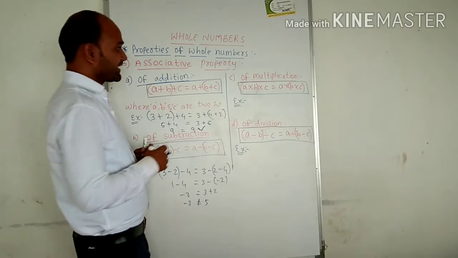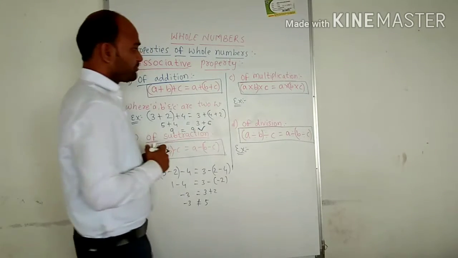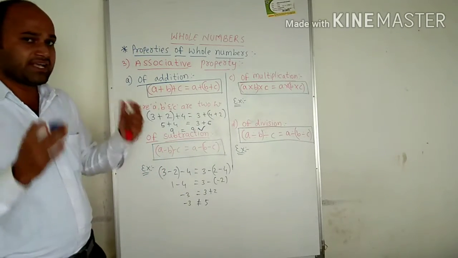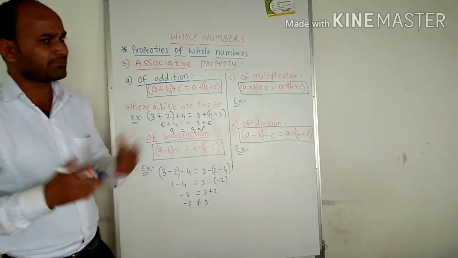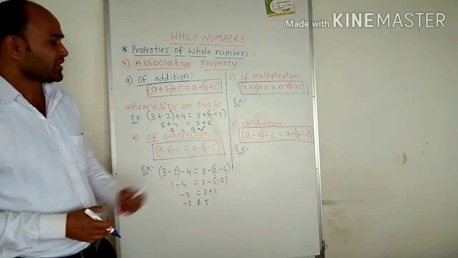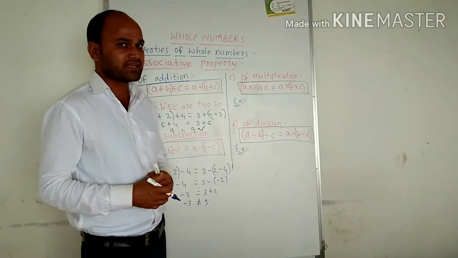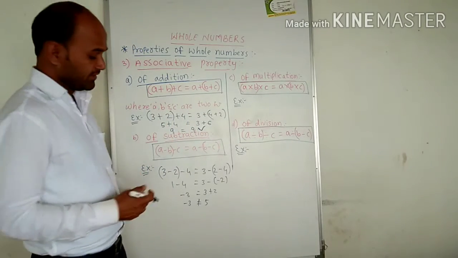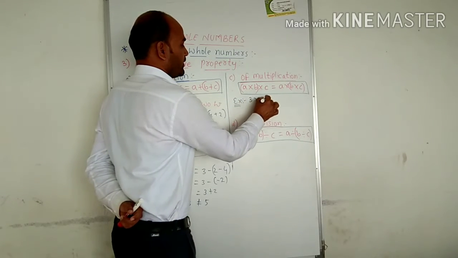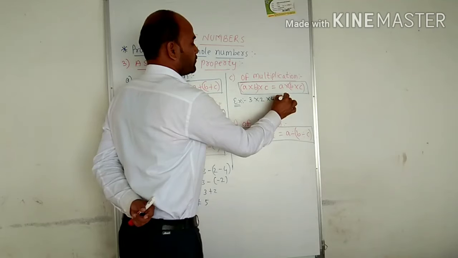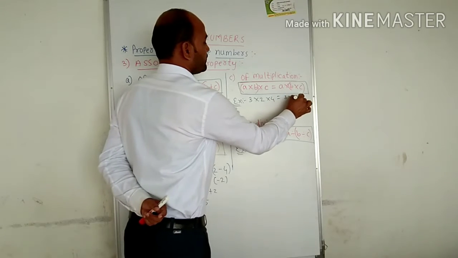Next we can see the associative property of multiplication. Here the three whole numbers can be multiplied in any order. A, B, C are the three whole numbers. Let me see with the help of an example: 3 into 2 into 4 is equal to 3 into 2 into 4.